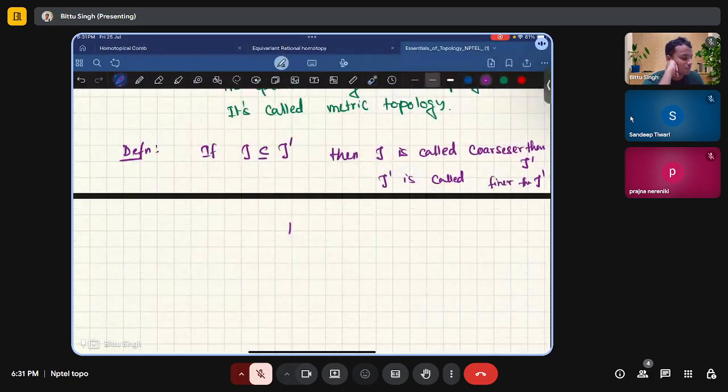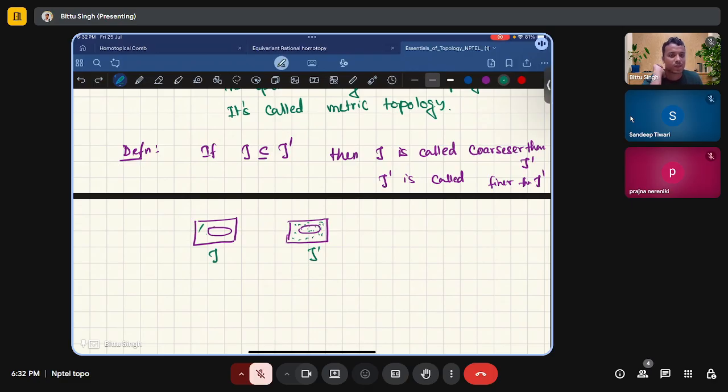Compare brick to brick. Here tau dash is like all those pieces by which the brick is made of, and tau is only the whole brick. So tau dash has more fine pieces, and tau has fewer. Tau is the whole brick, but tau dash is all the clay and everything by which the brick is made.